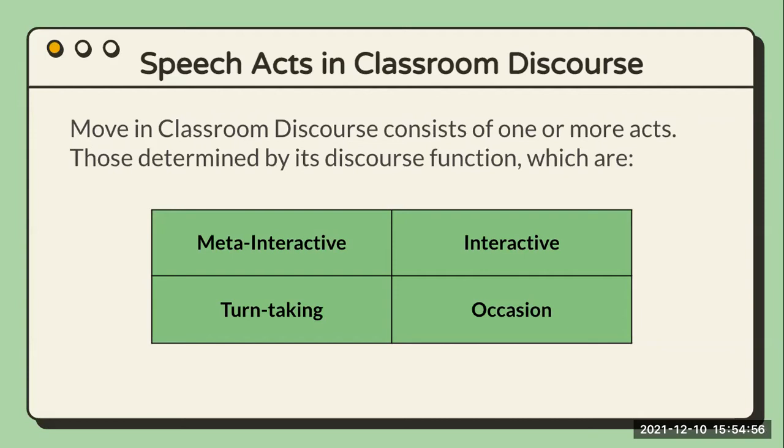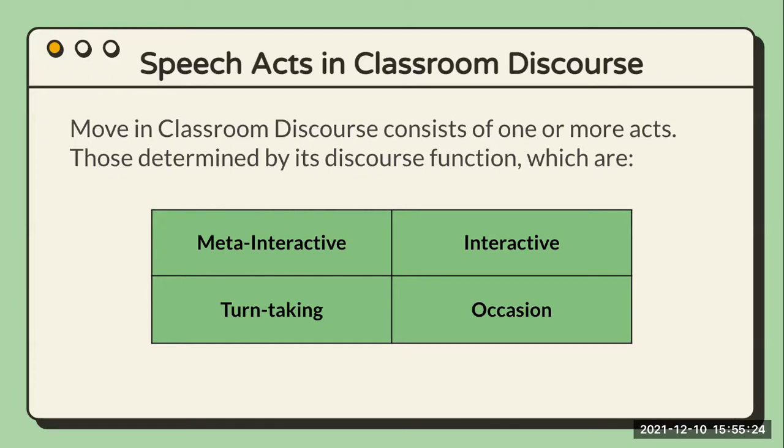Okay, so here we're going to talk about speech acts in classroom discourse according to the Birmingham model. In the context of speech acts, we may have heard of the locutionary, illocutionary, and perlocutionary theory developed by Austin, or maybe we have heard about the five kinds of speech acts proposed by Searle: declarative, representative, expressive, directive, and commissive.